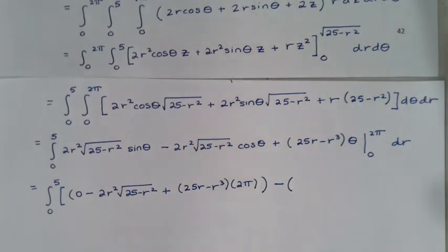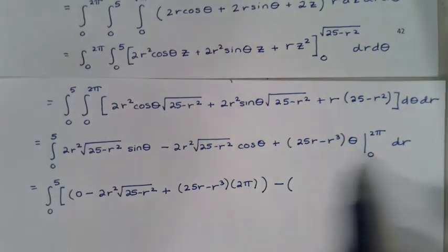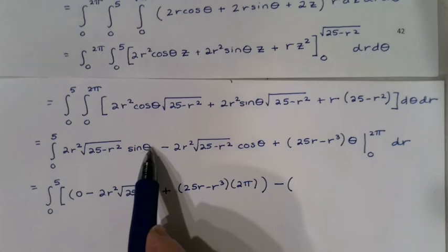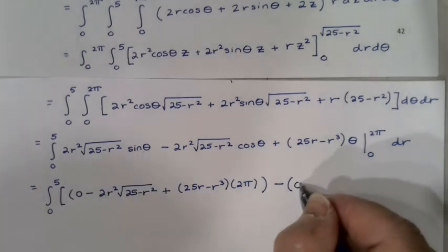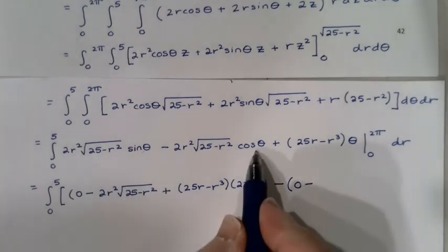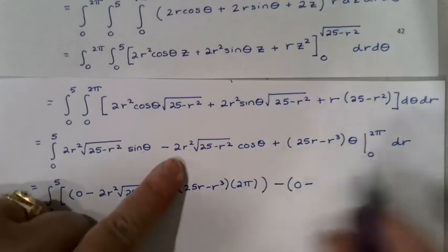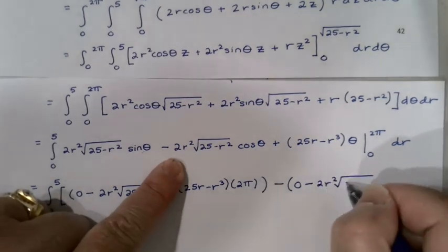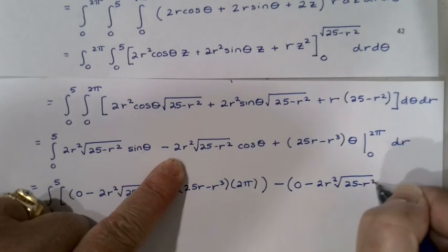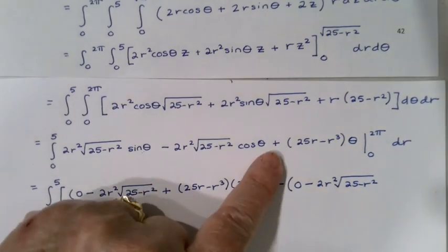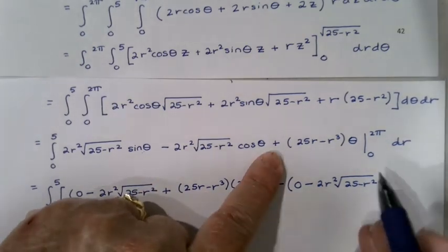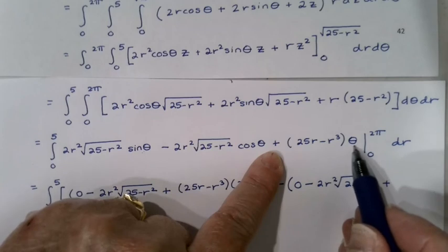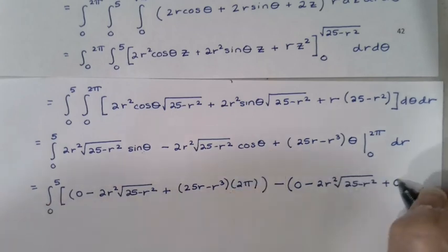Subtract, plugging in 0. Sine of 0 is 0, this whole first term is 0. Minus, cosine of 0 is 1. So I'll have 2r squared, square root 25 minus r squared times 1, plus, plugging in 0 for the theta here, 0 times anything is still 0.